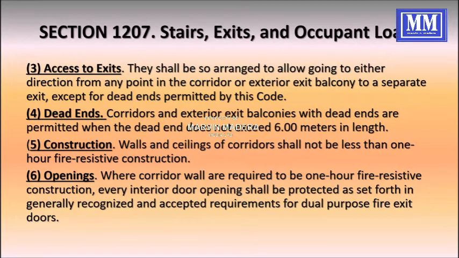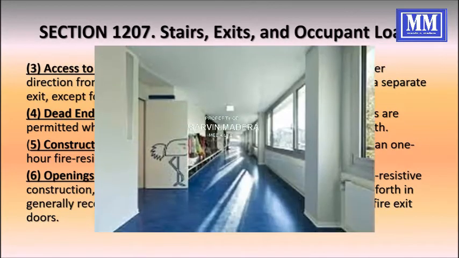In this section, it specifies that there should be a fire-resistant material installed on every exit, especially for the dead ends and in the constructions. We have here in this figure a corridor of a certain building and its way leads to the exit. This building is constructed with a fire resistive material.